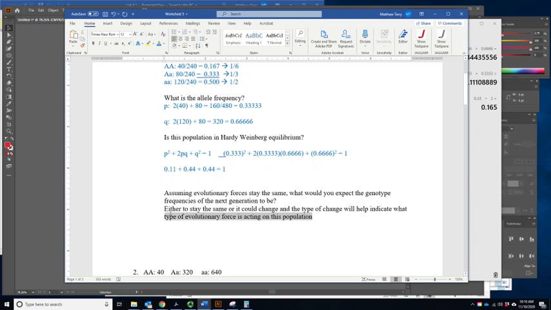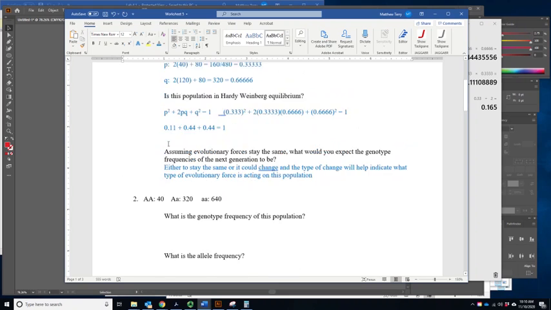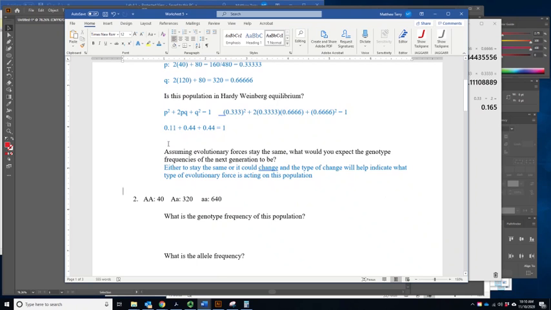Okay, so this is a little bit tricky, but it's one of those interesting things for biologists, because if they can continue to watch this over many generations, they may be able to see some interesting things going on that they may be able to connect to one of the environmental or evolutionary forces on this population.